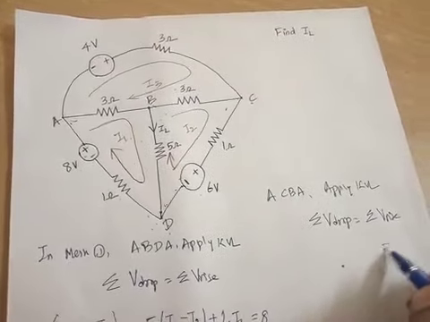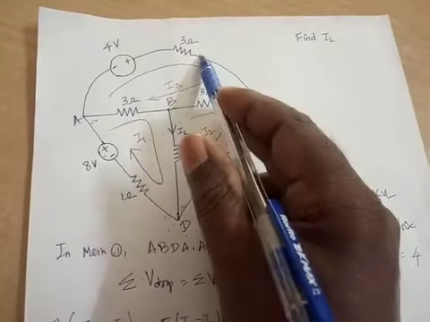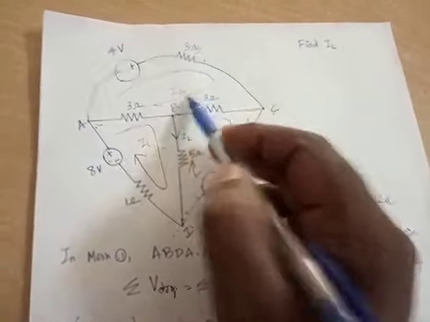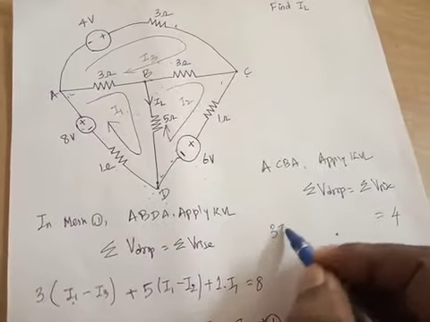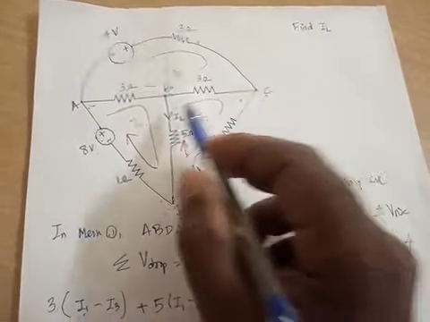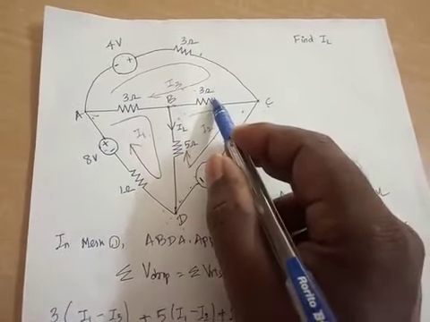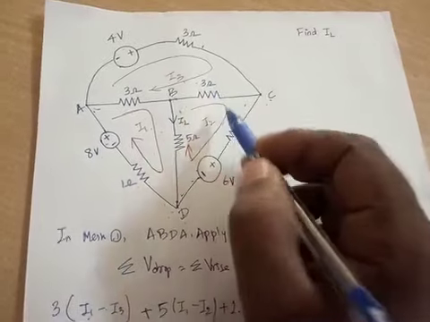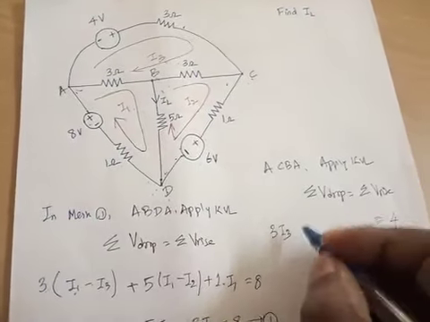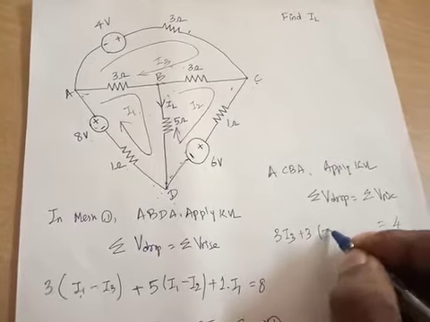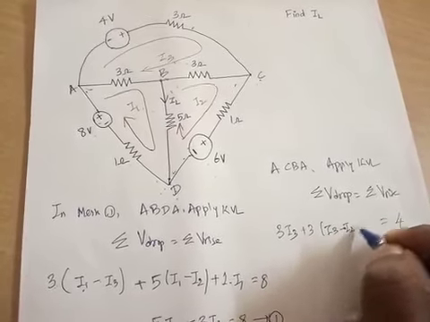For the 3 ohm resistor, 3 into I3 is the drop. Next, C to B, the 3 ohm resistor carries I3 and I2 in opposite directions, so plus 3 into I3 minus I2.